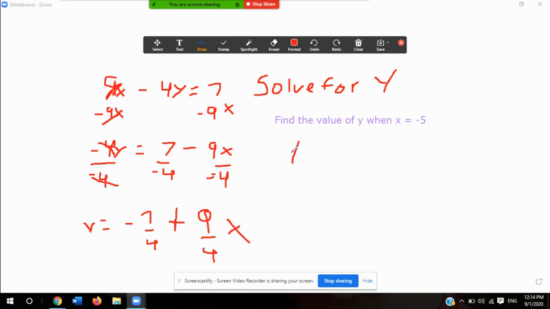y equals -7/4 plus 9/4. But instead of writing 9/4 x, we say times -5, because I want to know the value of y when x is -5.